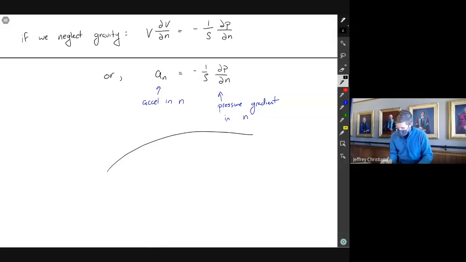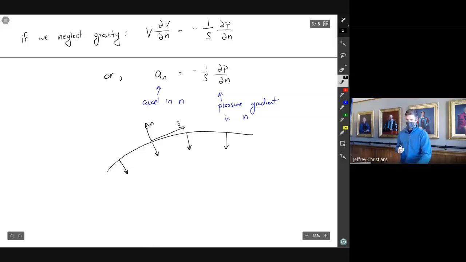So we have a particle, say it looks like this, n and s. It's accelerating in the negative normal direction.